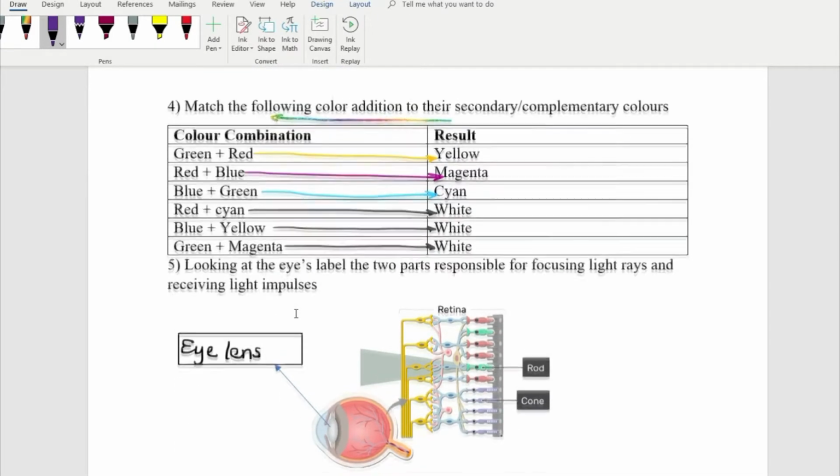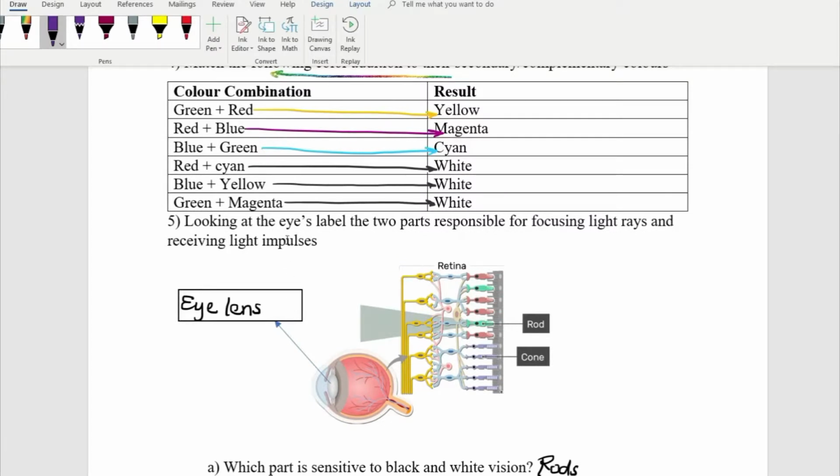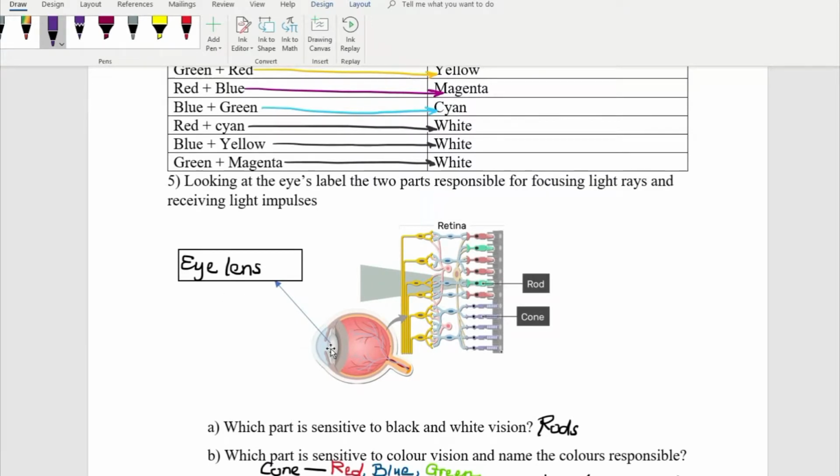So the fifth question here is looking at the eye level. We have two parts responsible for focusing light rays and receiving light impulses. In this part we have the eye lens, which is this particular shaped object right here, and once light comes in, as light is coming from a source into the eye, the lens directs the rays into the back of the eye right here.